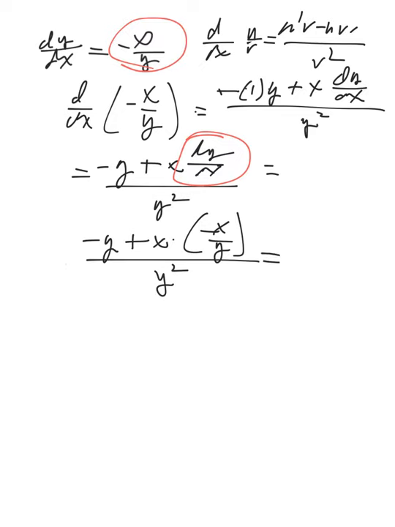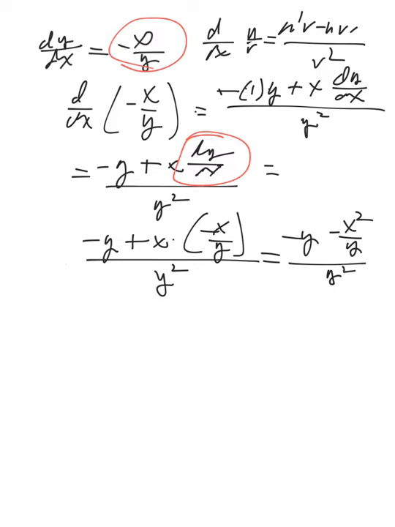And that's going to equal negative y plus, excuse me, that'll be a minus now, won't it? Positive x times negative x squared over y squared.